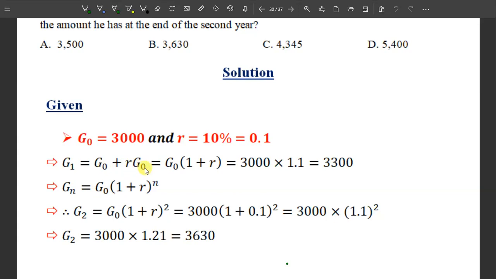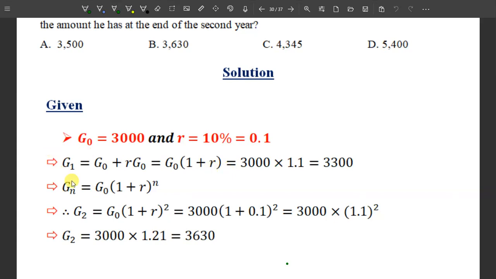Then the sum of the two becomes G initial multiplied by 1 plus R. Our R is 0.1, and therefore 0.1 plus 1 gives us 1.1. When 1.1 is multiplied by 3,000, it becomes 3,300. After a year, if this bank pays this interest rate, his deposit becomes 3,300.